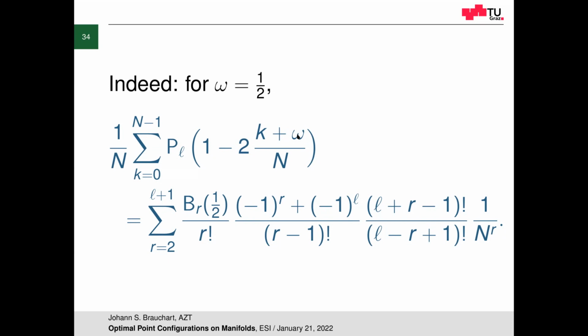So instead of having a point fixed at the North Pole on the sphere, I'm moving this point away from the North Pole, and indeed this improves the order in n. In particular, if omega is a half, we have again a symmetric situation.